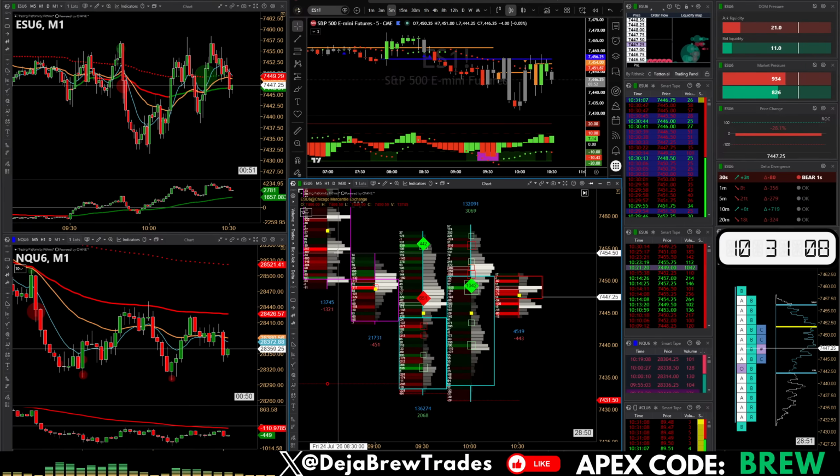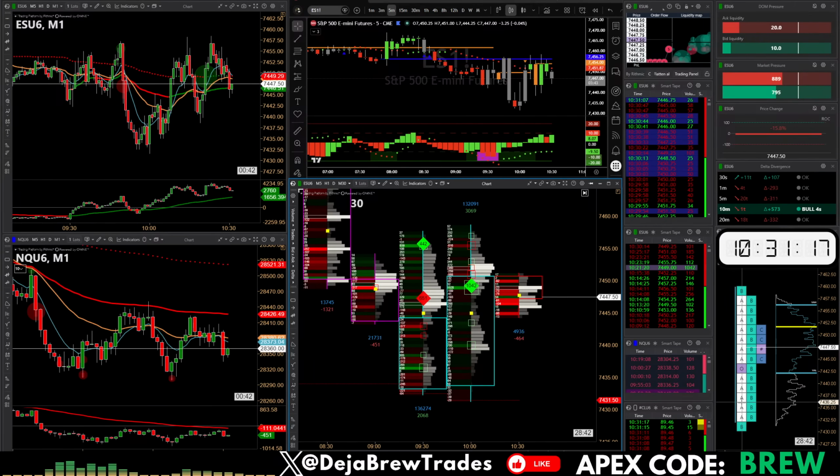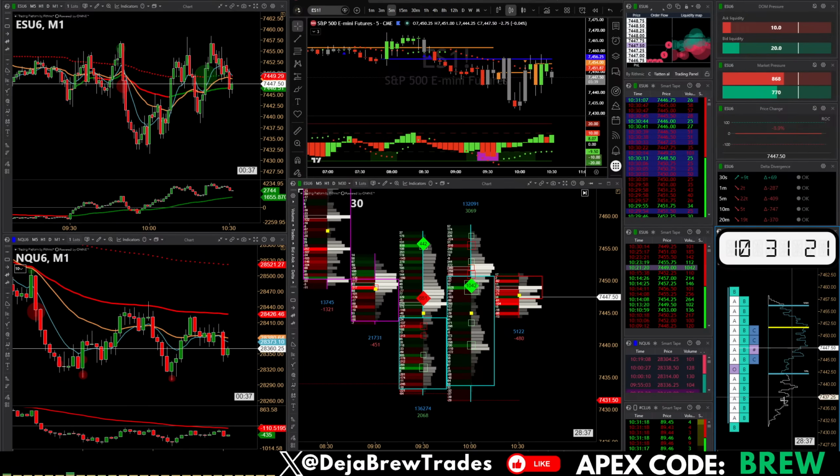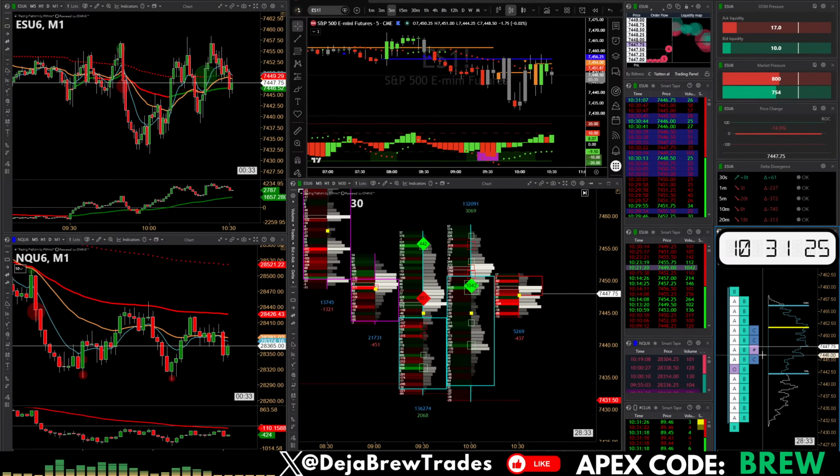Isn't it rare to see the B session completely engulf the A session? Yeah, it's not common when the A session is already wide. So we have a wide A session, but the B session took out the high and the low. This is decently common in a micro pullback day like we have today.